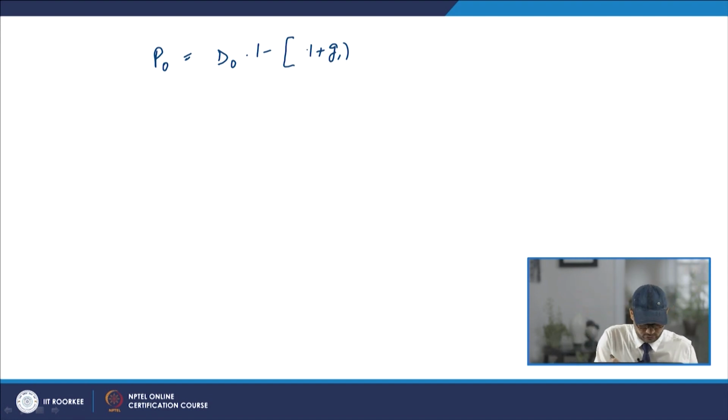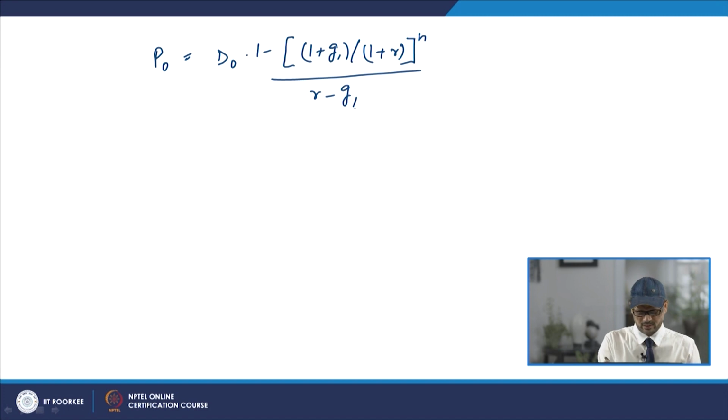So, 1 plus G 1 divided by 1 plus R, powered n, and divided by R minus G 1, and this will be again multiplied by 1 plus G 1. That is what we had seen earlier, that this is D 1, so D naught into 1 plus G 1.